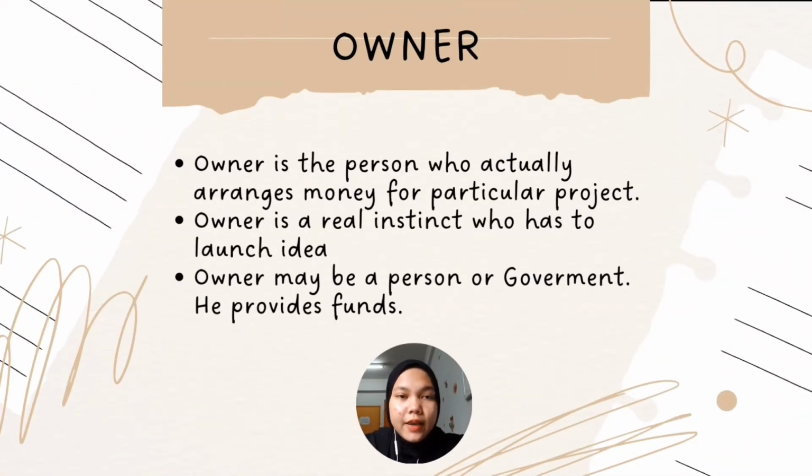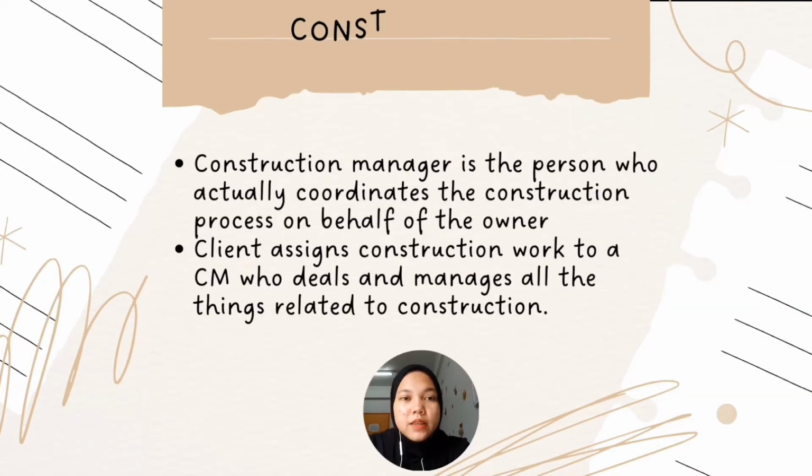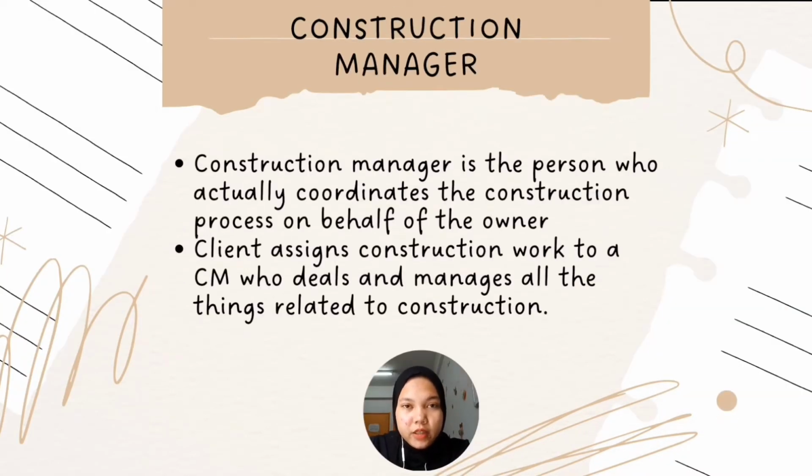Firstly is the owner. The owner, or we can call it client, is the person who actually arranges money for a particular project. The owner is a real estate who has to launch the idea of a construction project. The scope definition is also provided by the owner.